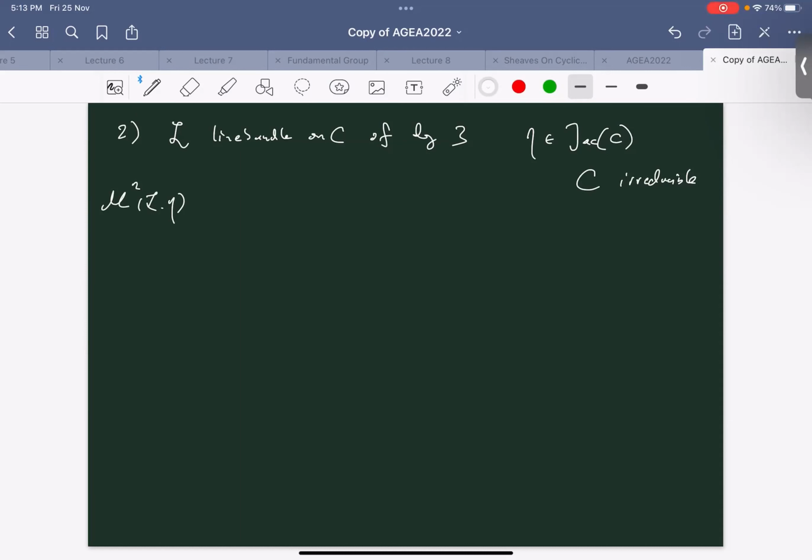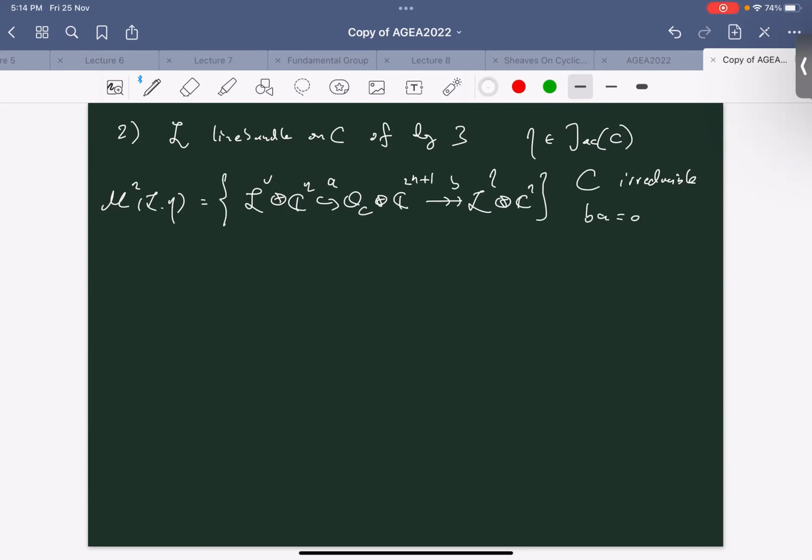This parameterizes complexes: L dual tensor with a vector space C^n, mapping injectively to the structure sheaf tensor a vector space of dimension 2n+1, and mapping surjectively to L_eta tensor C^n. Here L_eta means you pull back by eta. I put a further condition that BA is equal to 0, so this is a complex.